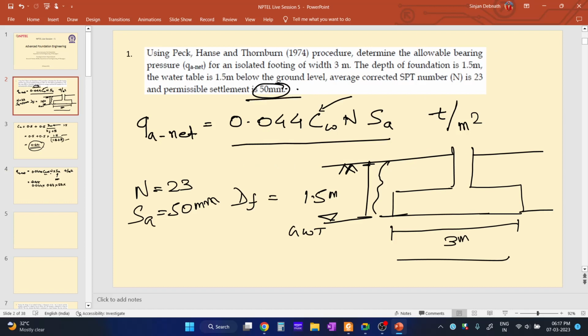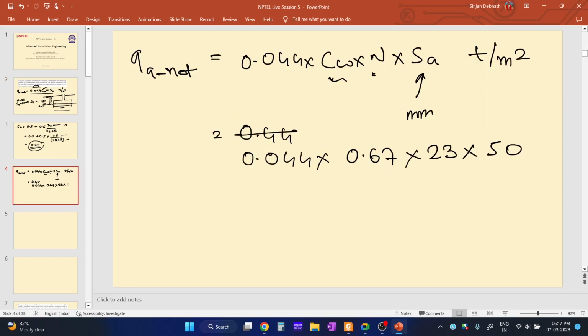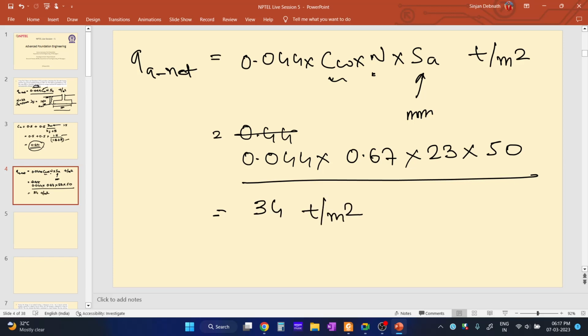Now if you calculate this, you will get qa net as 34 ton per meter square. Remember one thing, this permissible settlement will always be in millimeter, and you will get the answer in terms of ton per meter square. Remember this. So the answer is 34 ton per meter square.